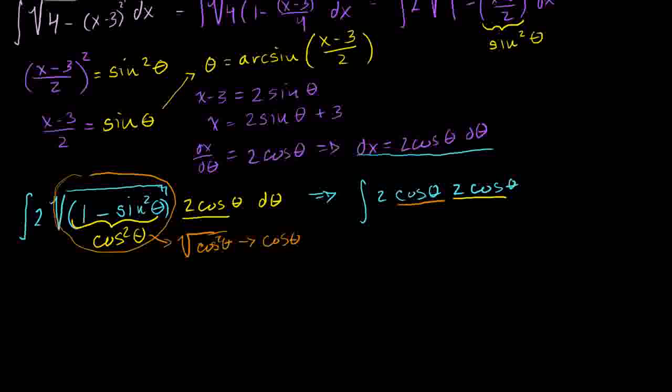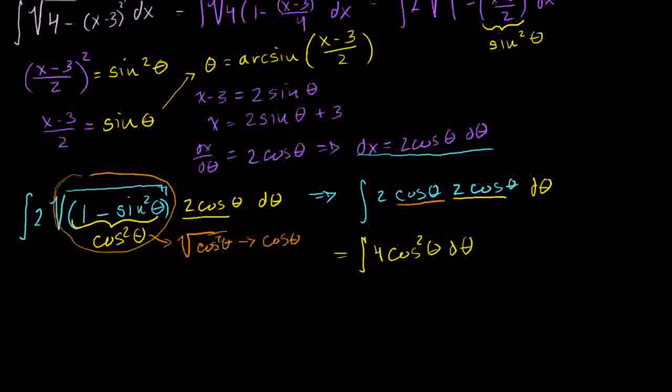And then everything times d theta. Now this is equal to 4 times cosine squared of theta d theta, which by itself is still not an easy integral to solve. I can't do u substitution or anything like that there. So what do we do? Well, we resort to our good old trig identities.